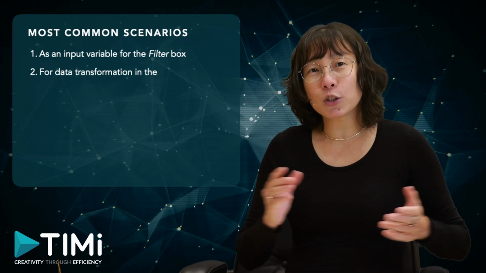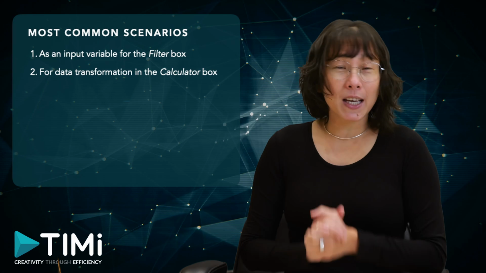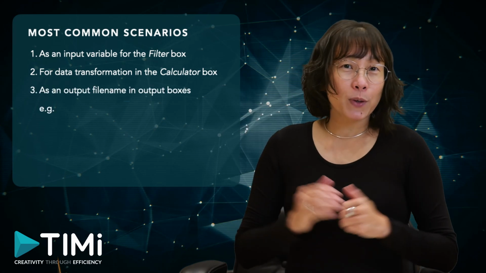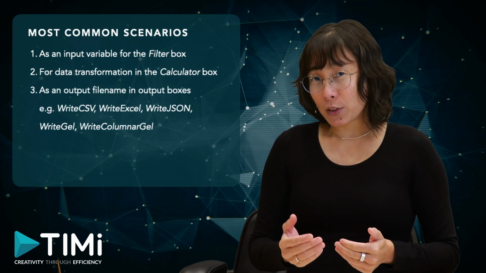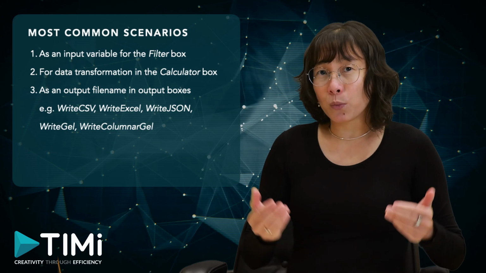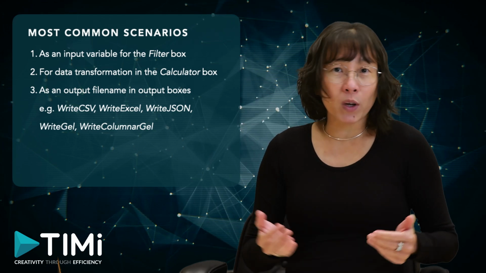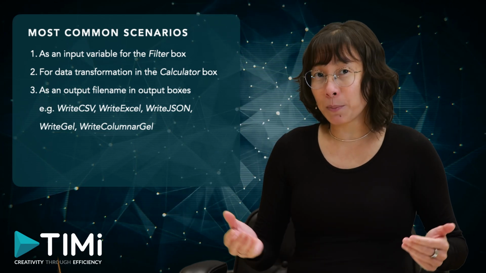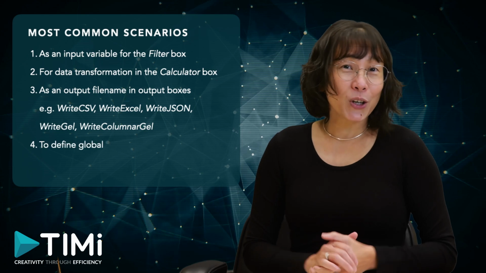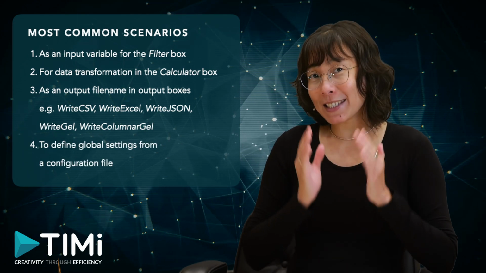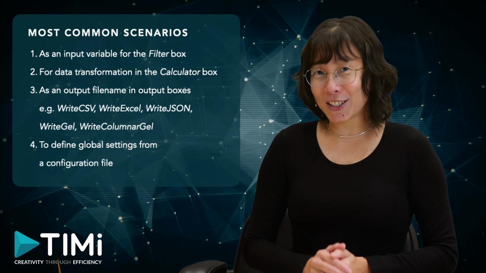Second, for data transformation in the calculator box. And third, as an output file name in output boxes, for example, write CSV, write Excel, write JSON, write GEL, write columnar GEL boxes. Fourth, to define global settings from a configuration file.